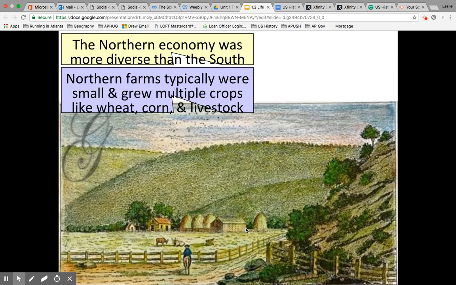The northern economy is going to develop much more diversely than the South. The South is going to become a one-trick pony that does agriculture and only agriculture. And then eventually, of course, they're going to lean heavily on just a handful of crops. Where the northern farms were smaller, but they were much more diverse in terms of what they grow.